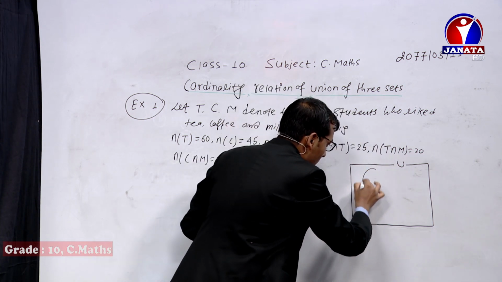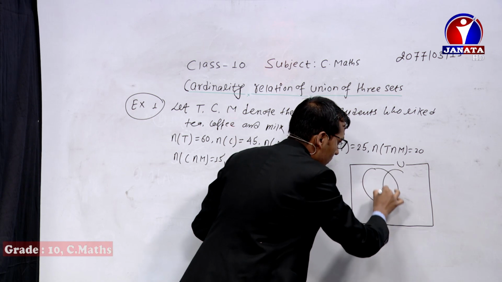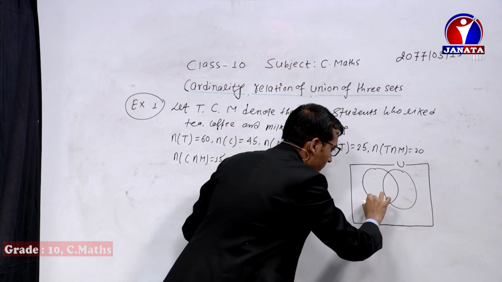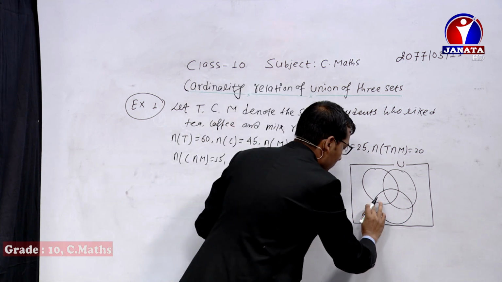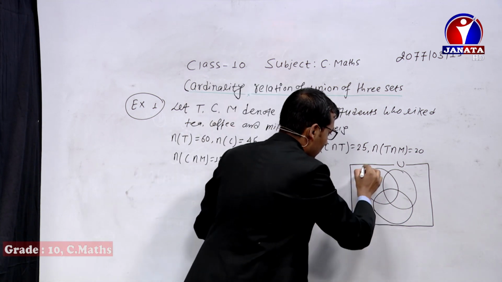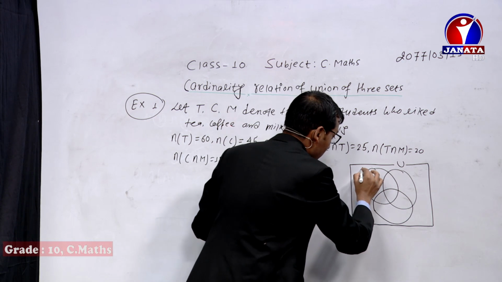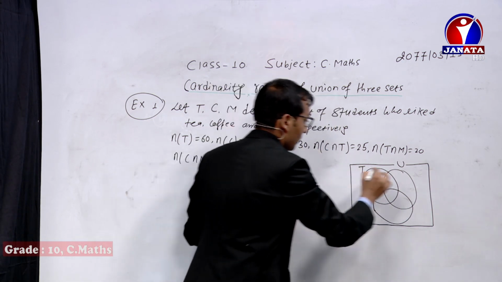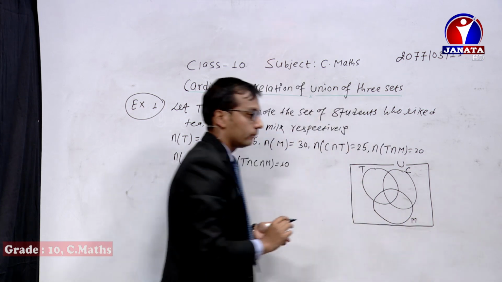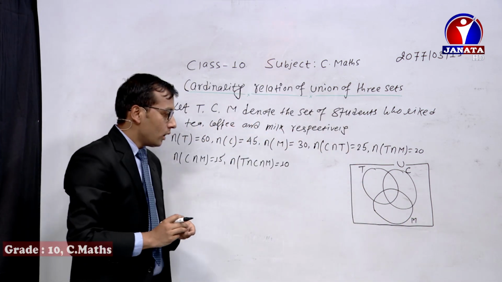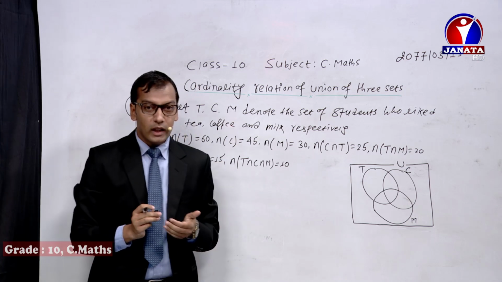This question is based on 3 subsets, so we will draw 3 subsets in the diagram. Let's write, first is T, C and M. Okay.